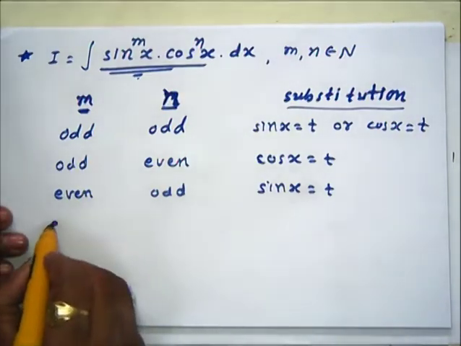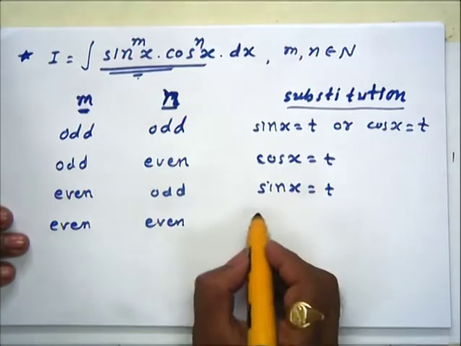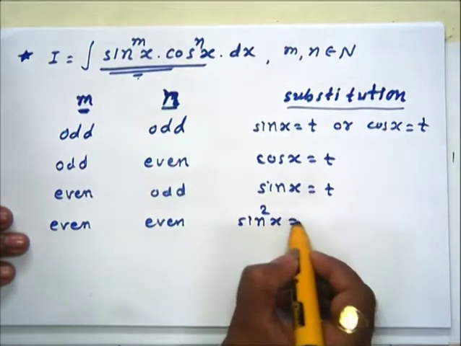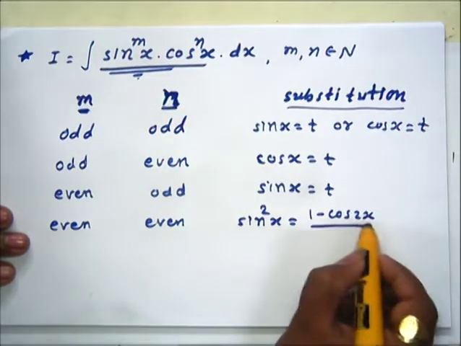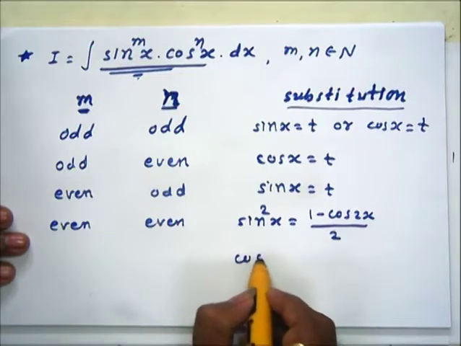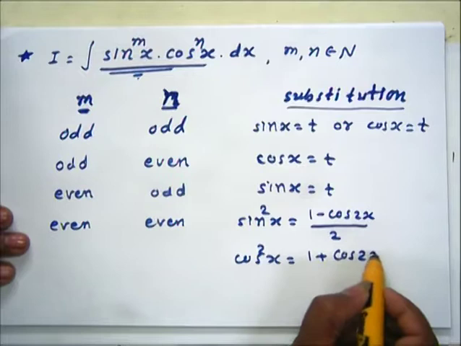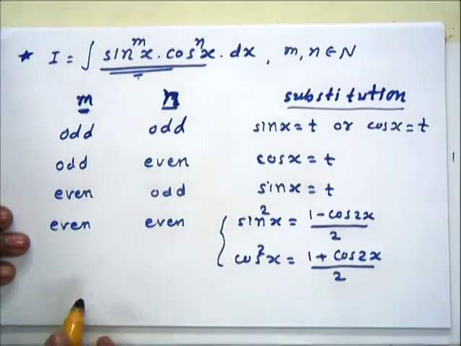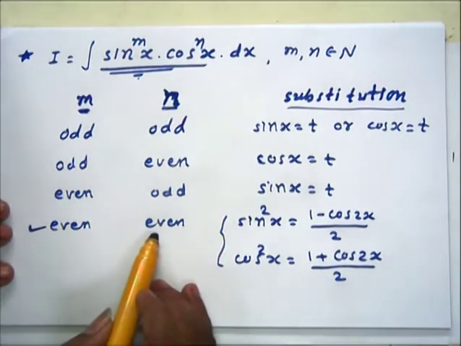And if both the powers are even, then we have to use this formula: sin square x equals 1 minus cos 2x by 2 and cos square x equals 1 plus cos 2x by 2. We have to use these two formulae. In this situation, we don't need to take substitution.